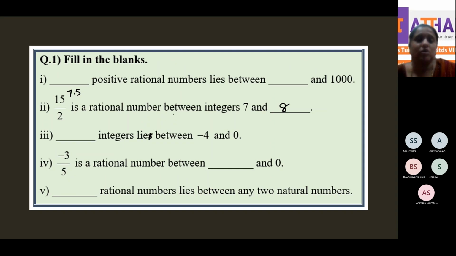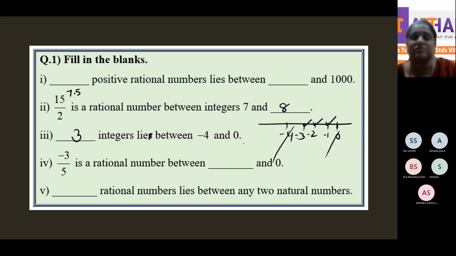So how many integers lie between -4 and 0? 0 here, -1, -2, -3, -4. Between means you should not count this and this. And how many integers? 1, 2, 3. 3 integers lie between -4 and 0. So you should not count -4 and 0 because it is between.